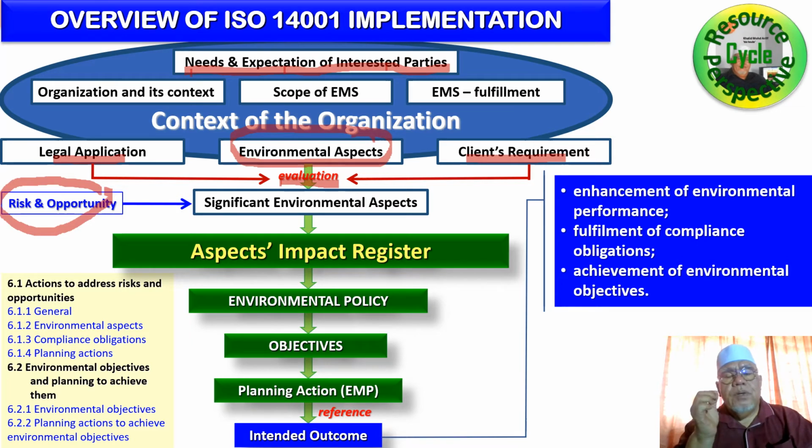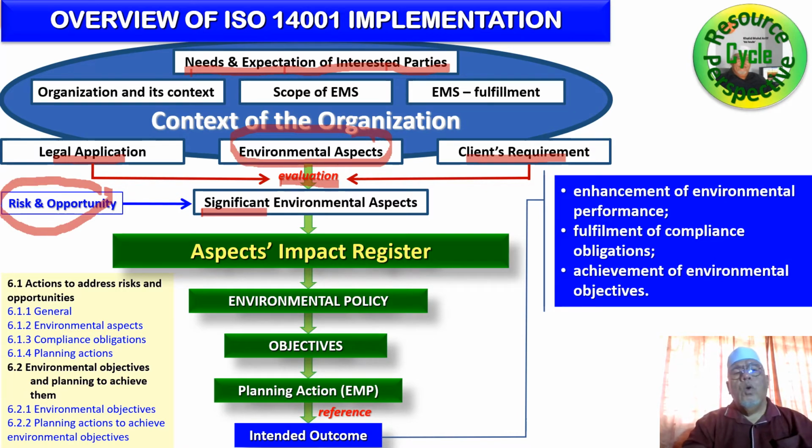Evaluate the severity, the significance of the environmental impacts from all these respective environmental aspects. How significant is the impact caused by the release or the involvement of these environmental aspects? So we then have a list of significant environmental aspects.